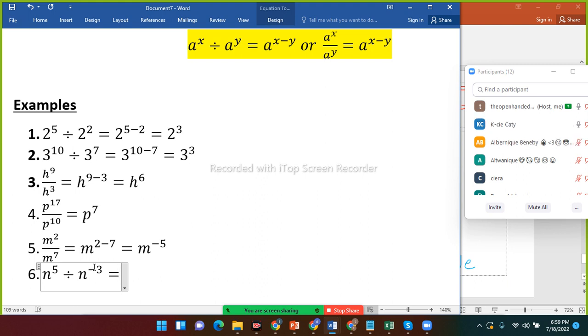Why you say that? I don't know. All right, it's n to the power of negative 2. N equals 7? No.